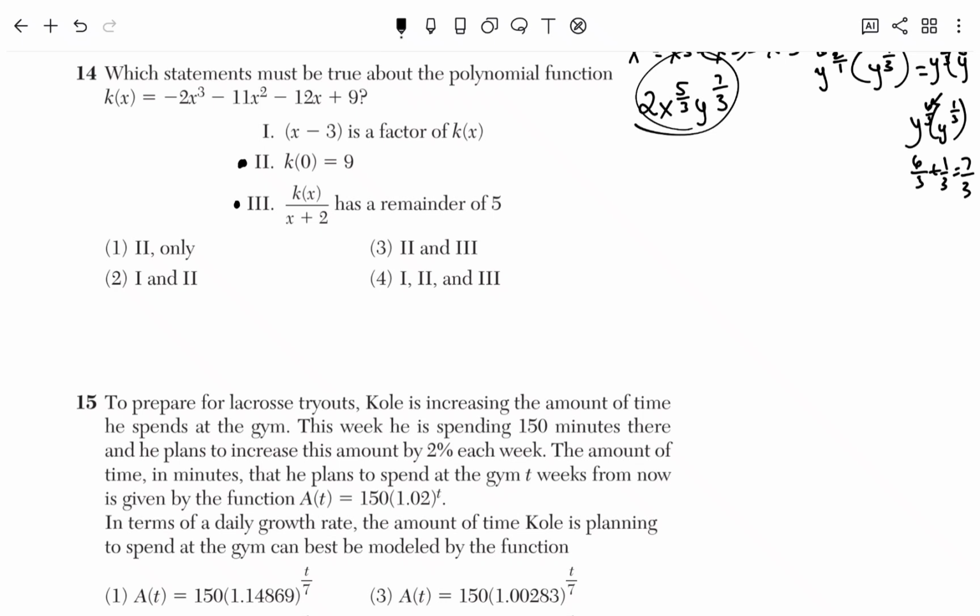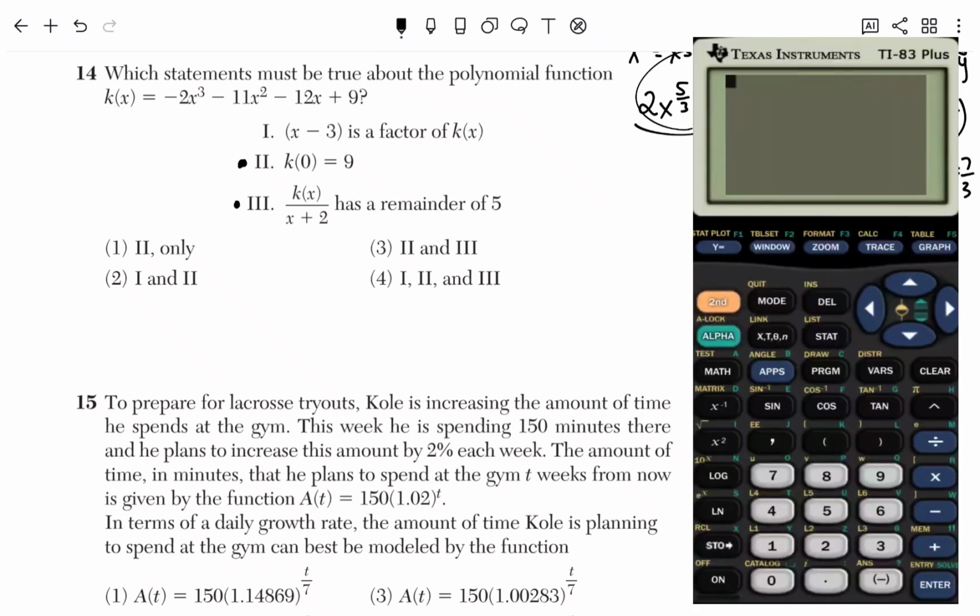So 0 store x. Then I'm going to plug in my polynomial function, negative 2x cubed minus 11x squared minus 12x plus 9, and I get my answer to be 9. So that means that statement 2 is true. There's nothing for me to cross out because they all include statement 2.